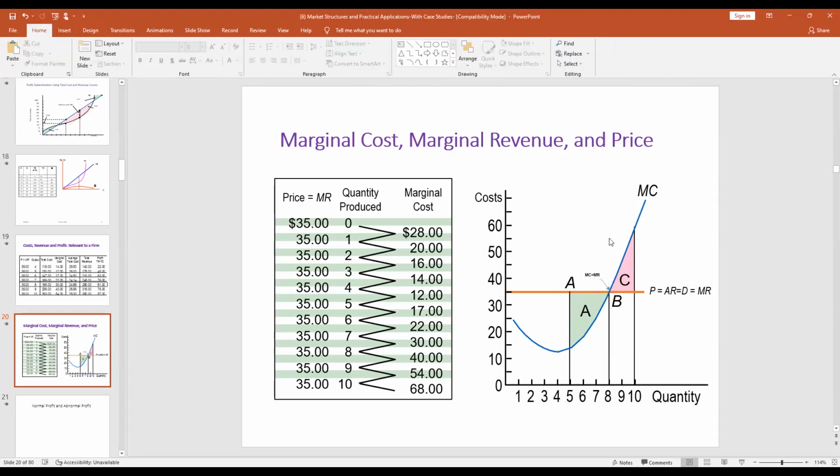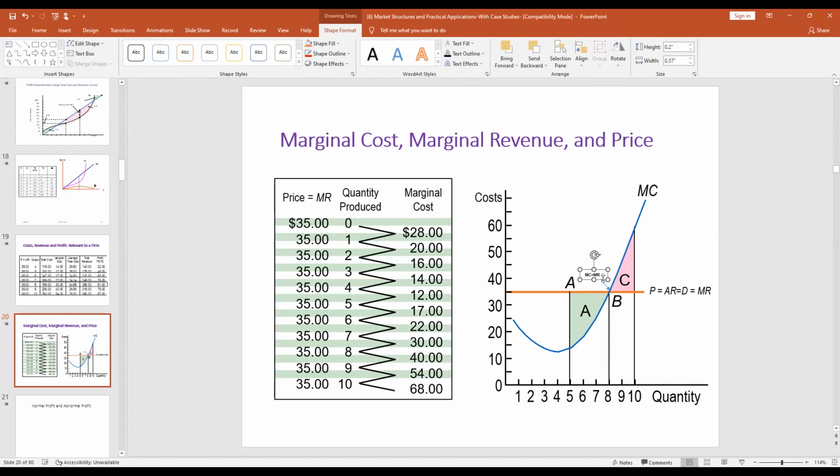You can see this. At this MC equal to MR, quantity is 8. Assuming that price is 20, 30, 40, 35, I can put here price is 35. We assume that here.